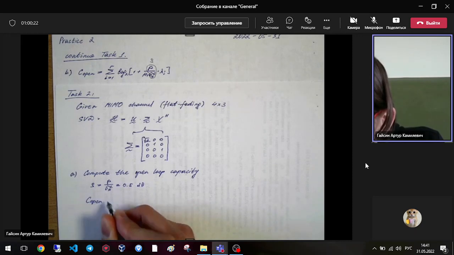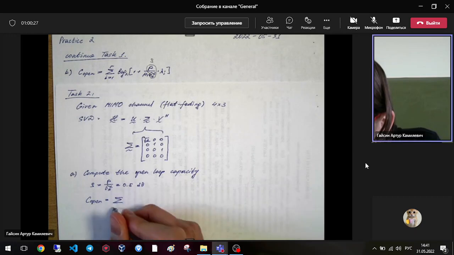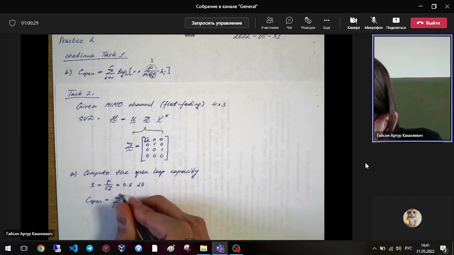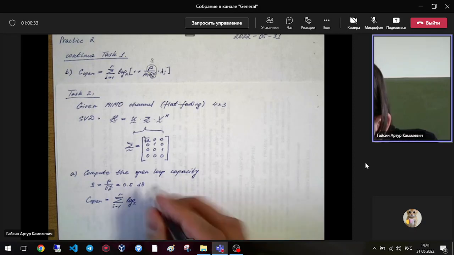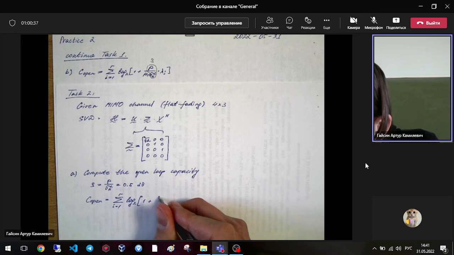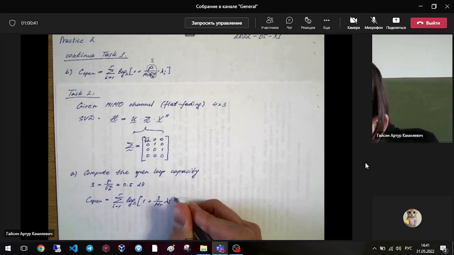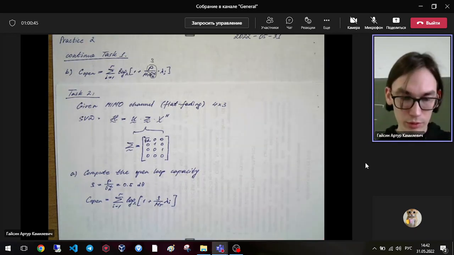So C open is equal to the sum of i equal to 1 to R of logarithm base 2 of 1 plus rho divided by M_t lambda i. So what should you do first?